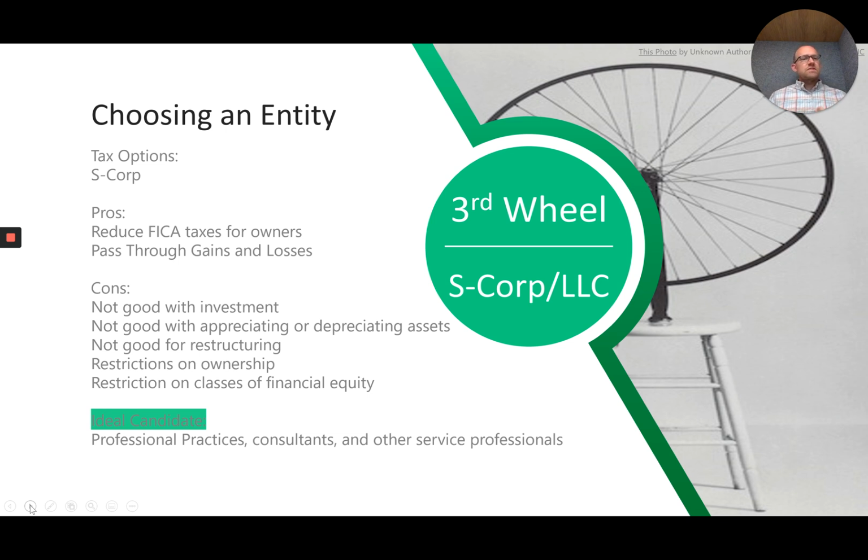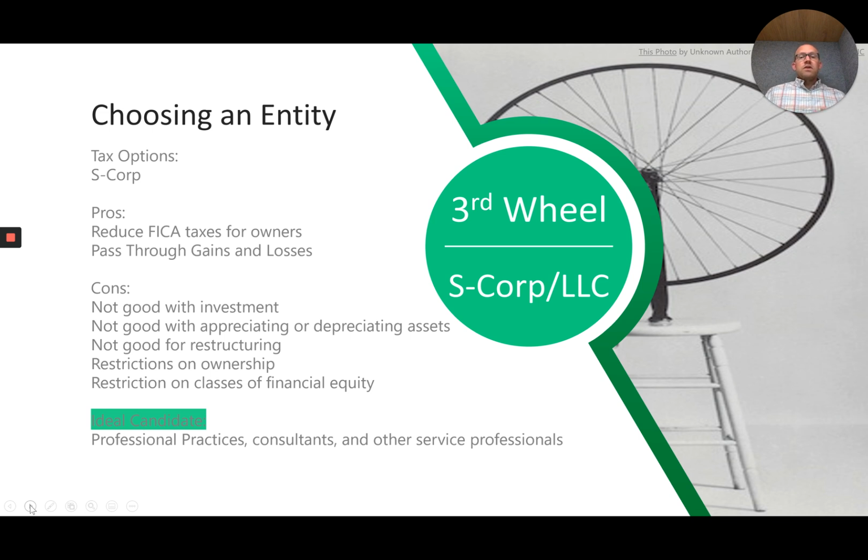Ones where you're just providing a service that has no appreciable or depreciable value. And so you see them with doctors, lawyers, dentists, accountants, engineers, other people like that who are essentially just service providers. In these situations, it can make a lot of sense, and oftentimes you can save money on taxes in doing so without having the problems that come up.